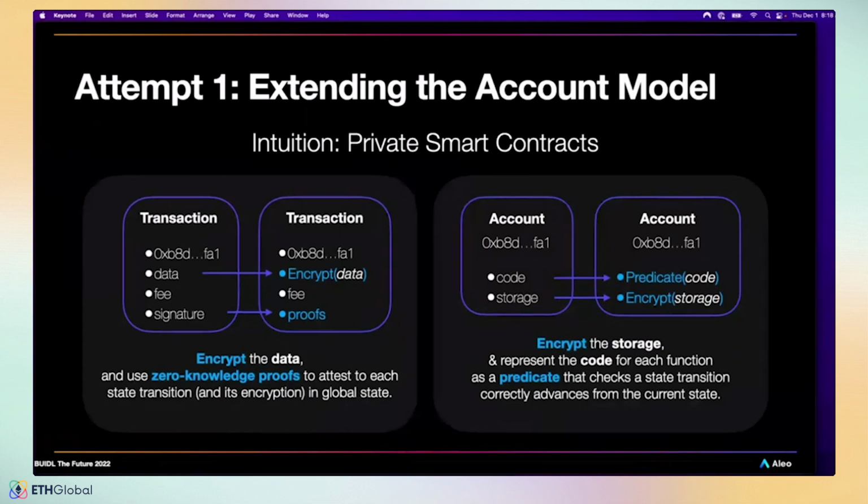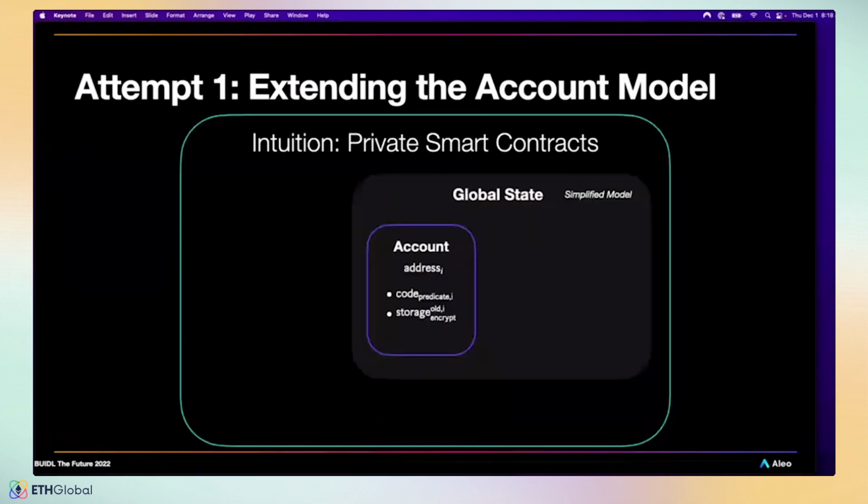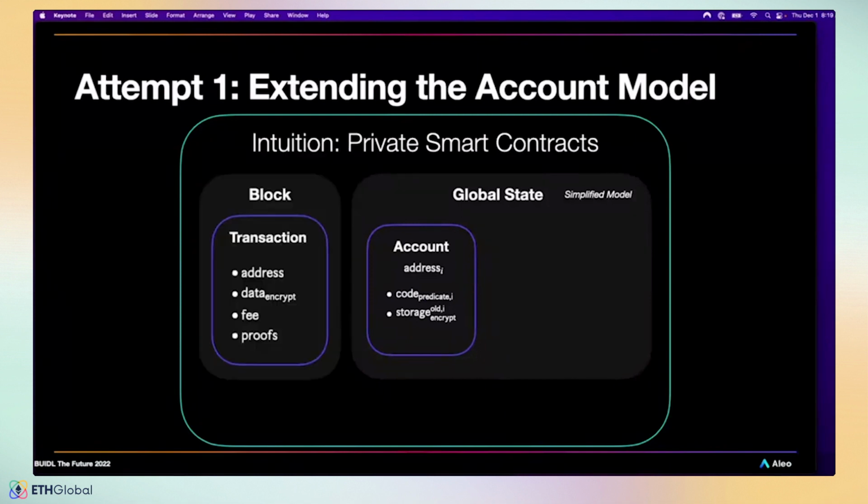So let's put this all together. In this new model, you have some global state. Each account has its address, and each address is indexed by user, and for each one of those there is an entry, you see here, some code and some encrypted storage of the current state.